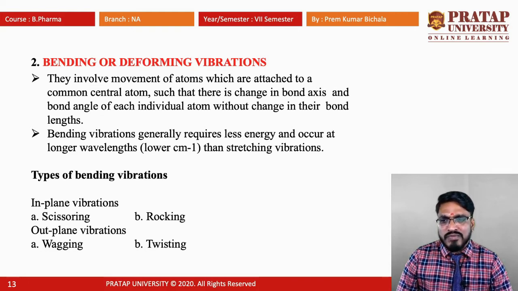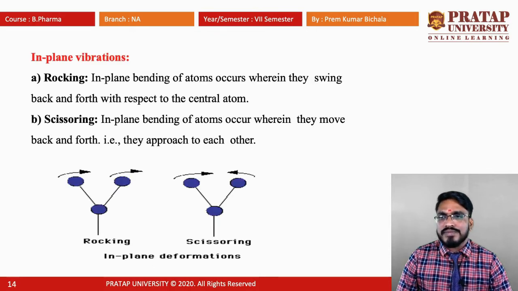Here again we have two types of bending vibrations: in-plane and out-of-plane. In in-plane vibrations, we have scissoring and rocking. In out-of-plane vibrations, we have wagging and twisting. Just go to the picture. In-plane bending of atoms occurs wherein they swing back and forth with respect to the central atom.